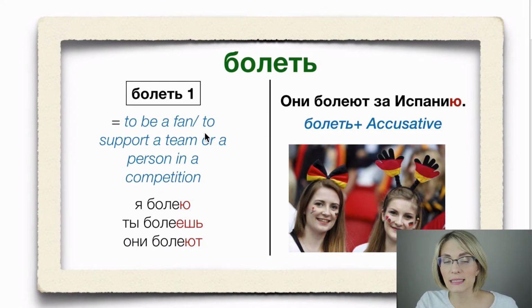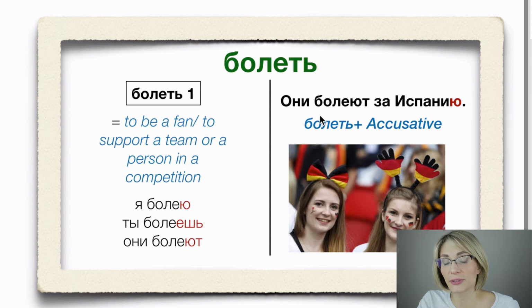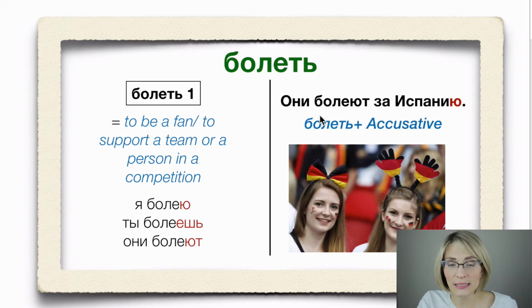Now, in this meaning, the verb will be used with preposition за plus accusative case. So literally you're ill for your team. It's a figurative use of this verb, more of an idiom.